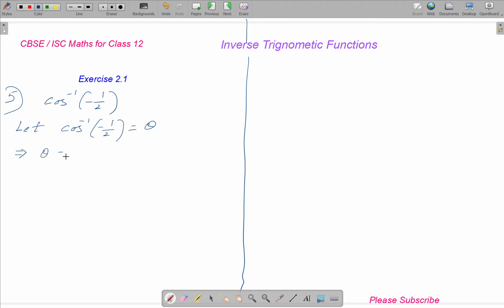That implies cos theta is equal to minus 1 by 2, according to principal values.